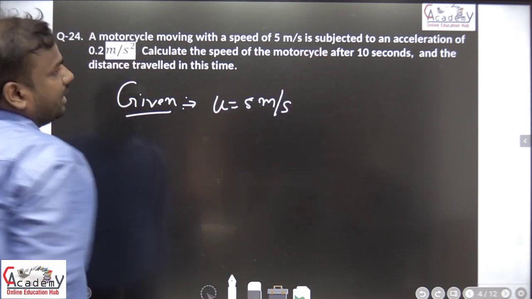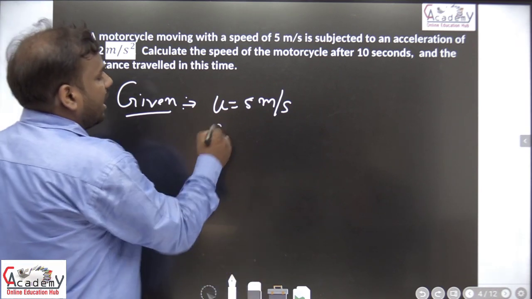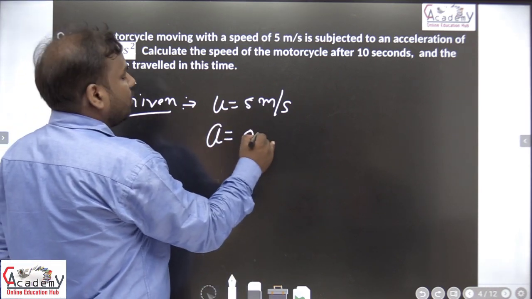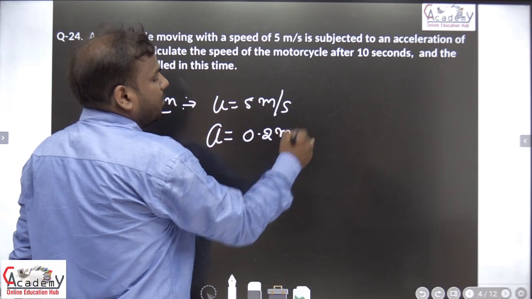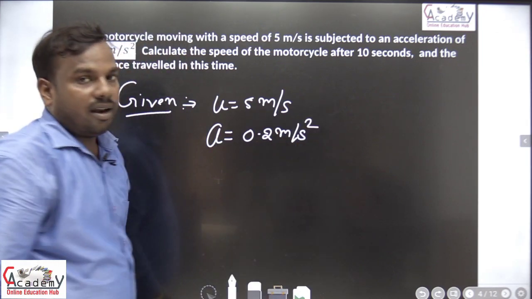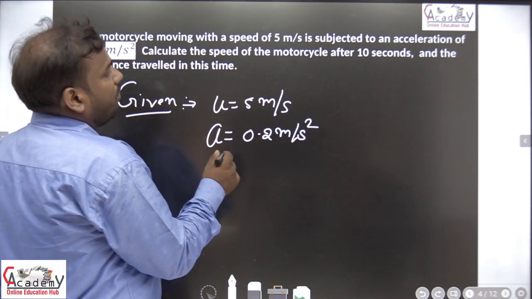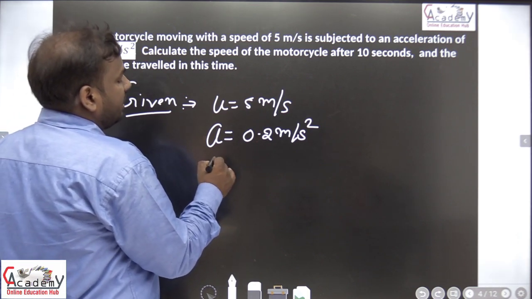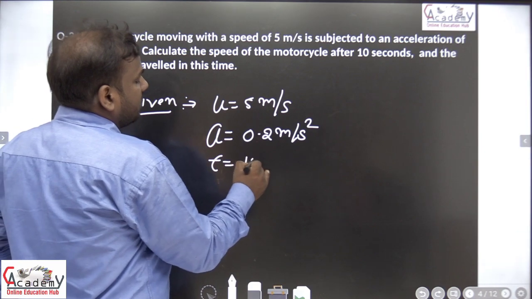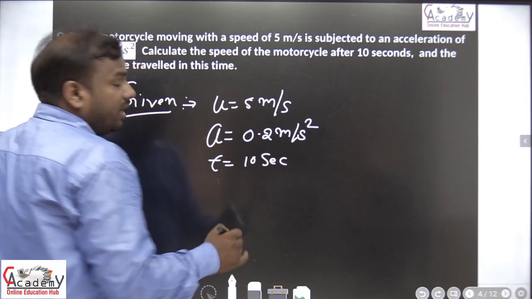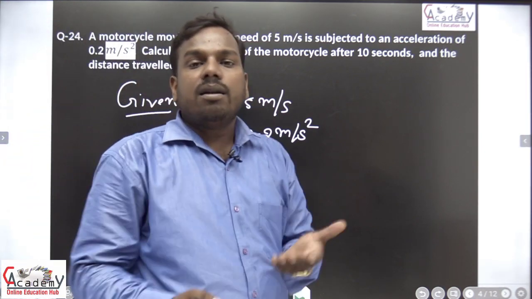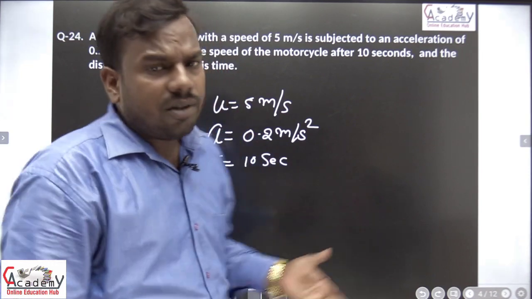Subjected to an acceleration, here the acceleration is 0.2 meter per second square. Are you getting me? Now calculate the speed of the motorcycle after 10 seconds, means time is 10 seconds. We have to calculate the final velocity after 10 seconds.